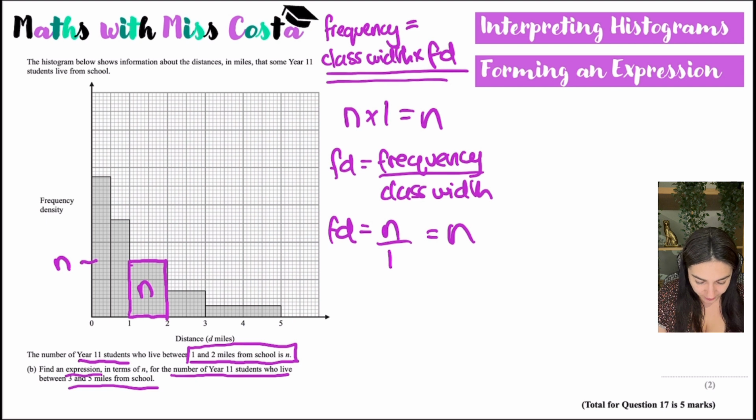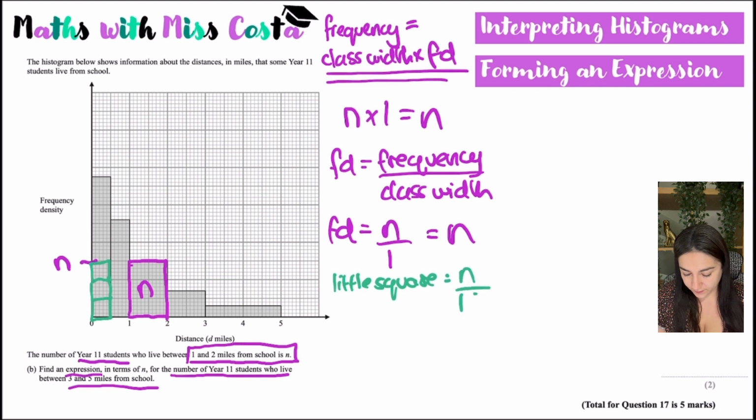Now, I know that there's 3 lots of 5 squares in between that. So in total, there's 15 tiny little squares. So I know that each little square must be n over 15. Okay, so each little square here must be n over 15.